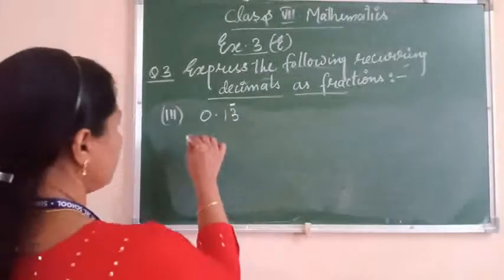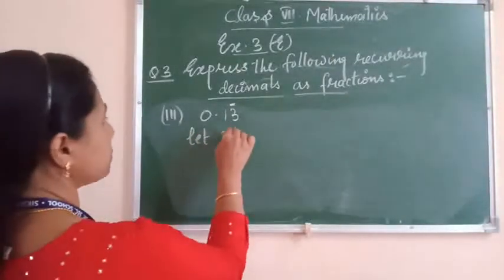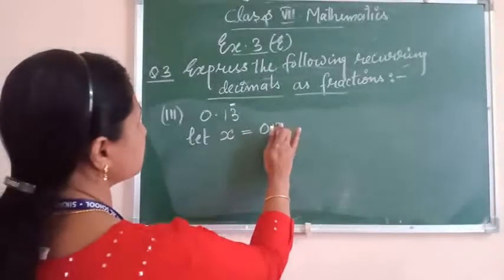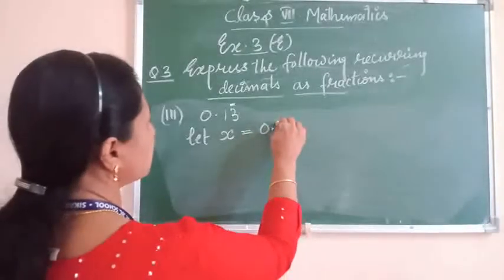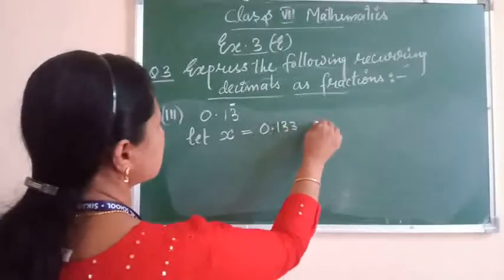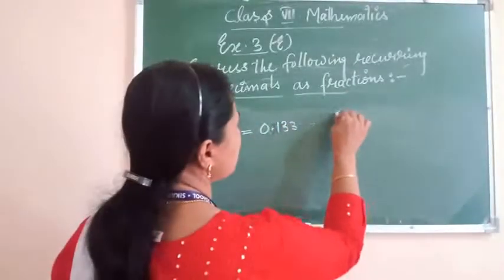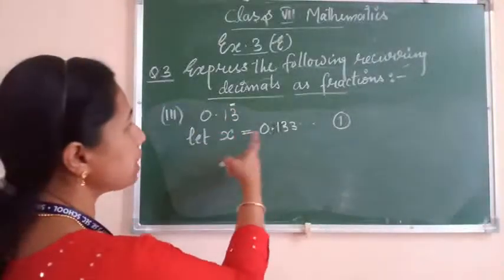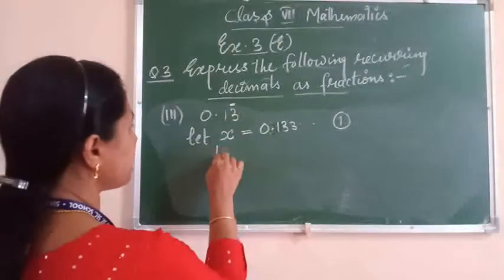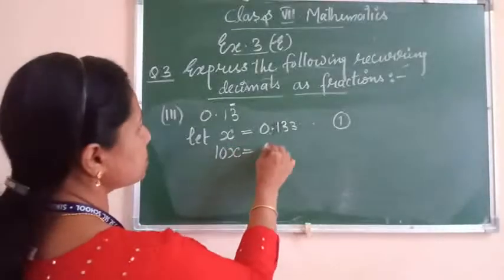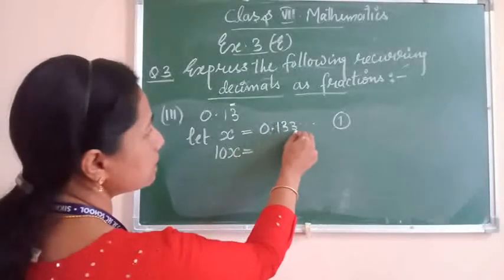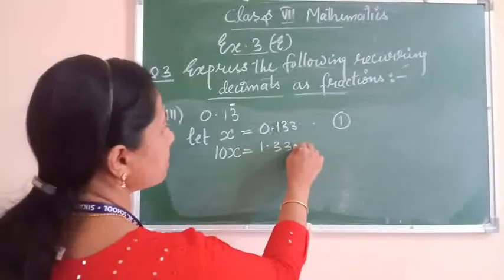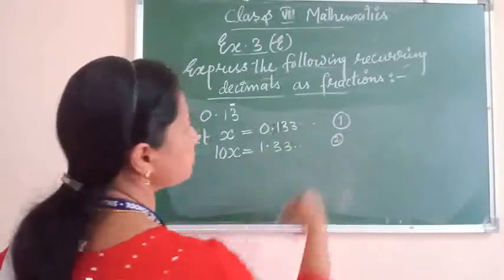So as we did in the two questions, we are taking the equation x is equal to 0.133, repeating, and this is equation number 1. Here also only one digit is repeating, that is why you have to multiply the equation by 10. So 10x is equal to, when we are multiplying 0.133 by 10, this number becomes 1.33, and this is equation number 2.